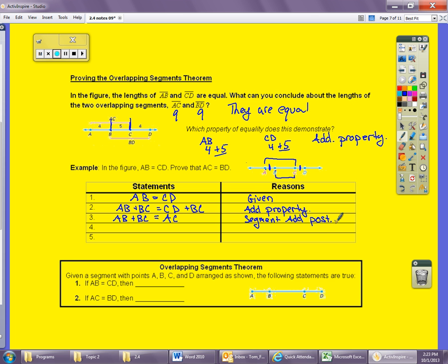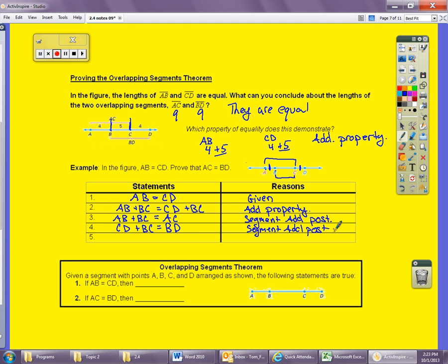That's when we add the two segments together to get the entire segment. So AB plus BC equals AC. And then we can do the same thing where we have CD plus BC. That'll equal the entire thing, which will give us BD. Once again, that's our segment addition postulate. It's going back to Unit 1.